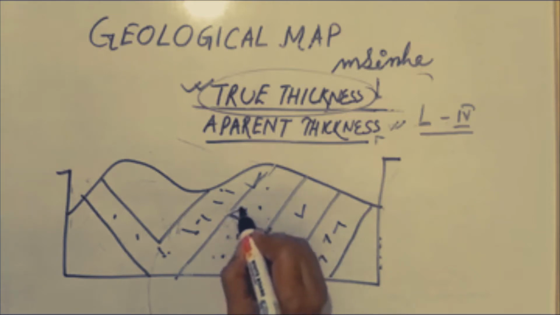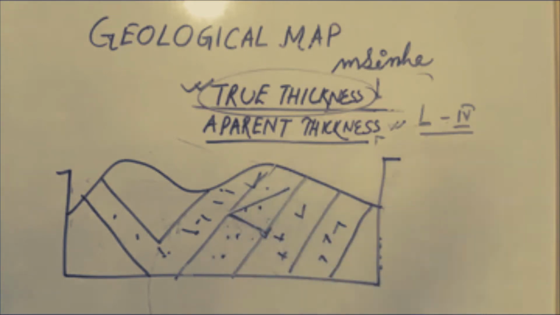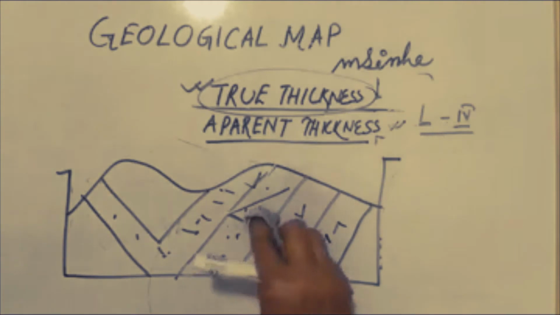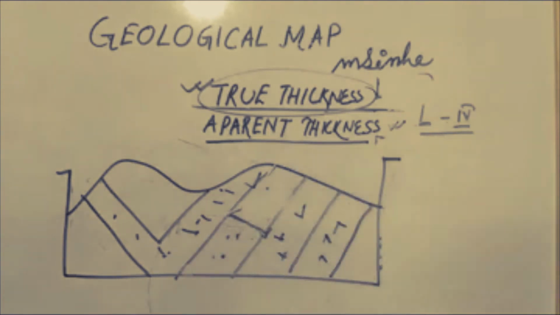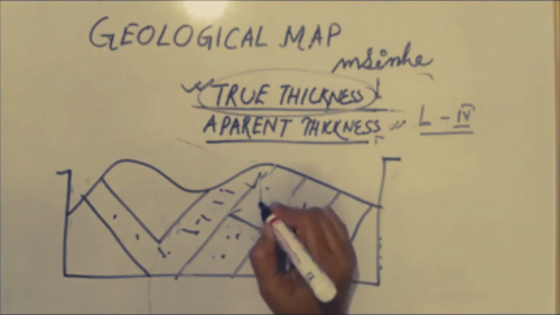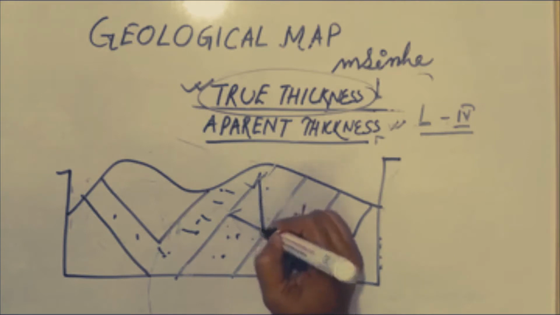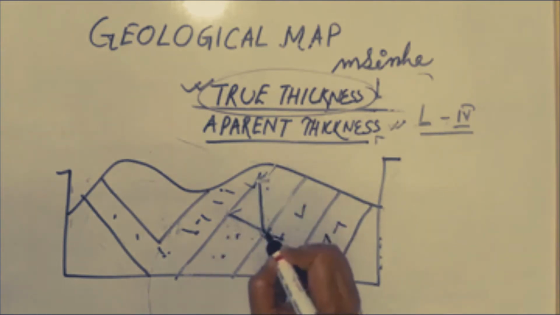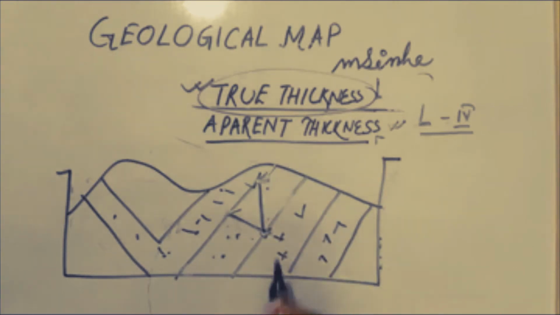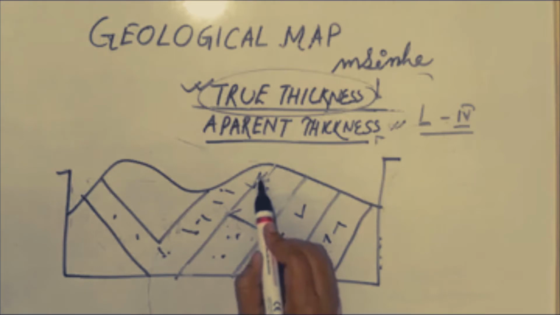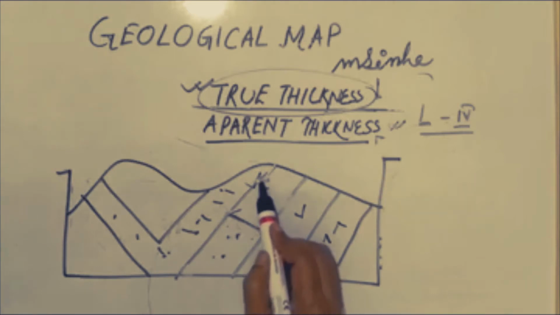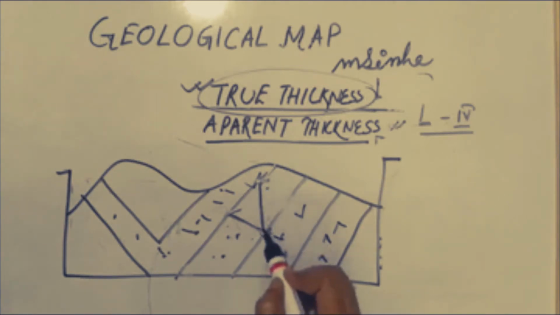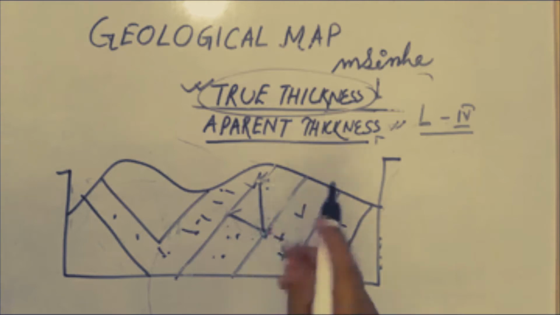Suppose this is the vertical line. This linear distance, between the lower boundary and the upper boundary of a bedding plane, is not the minimum distance. This distance is known as apparent thickness.